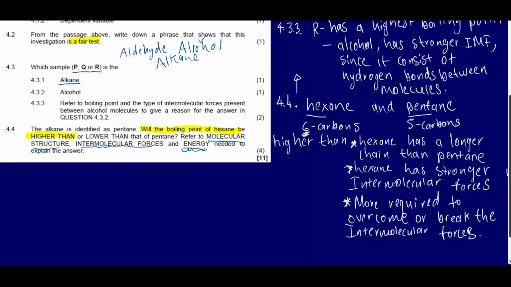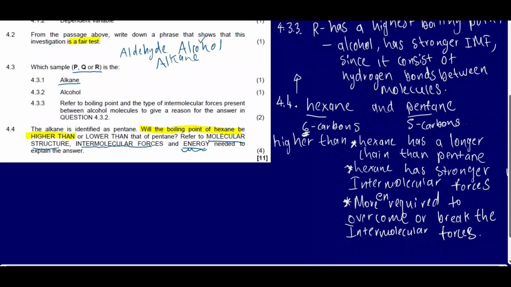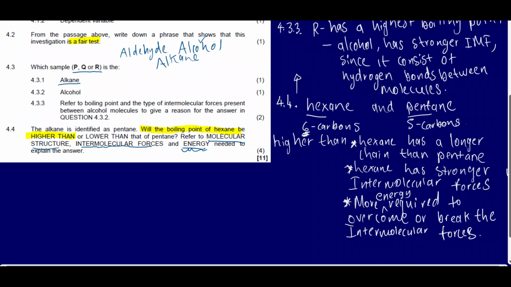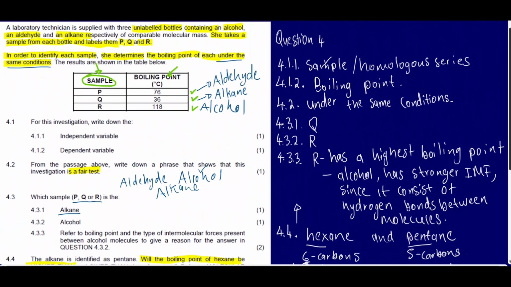So here you would say it's higher than, and then mention those points: hexane has a longer chain than pentane, hexane has stronger intermolecular forces, and more energy is required to overcome or break the intermolecular forces, or to overcome the bonds.